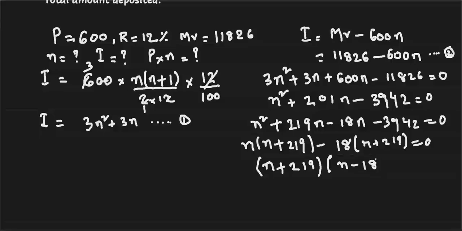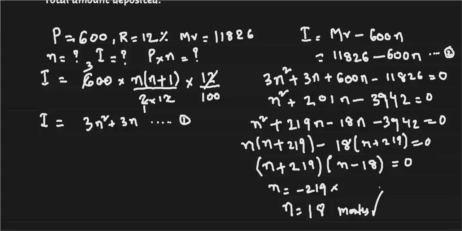You can't take n as negative 219, you have to disregard negative values, but you can take n value as positive 18 because 18 months equal to 1.5 years. So 18 months is the term that he has to pay, right?